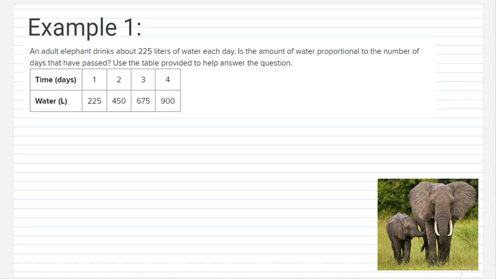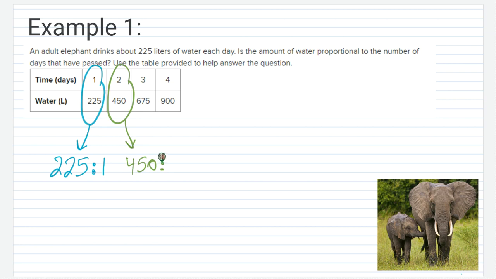So for the 225 per day, we're going to look at that same relationship for each of these. We'll say 225 to 1, and that's already simplified. So 225 liters per day. Then our next relationship: 450 for 2 days.